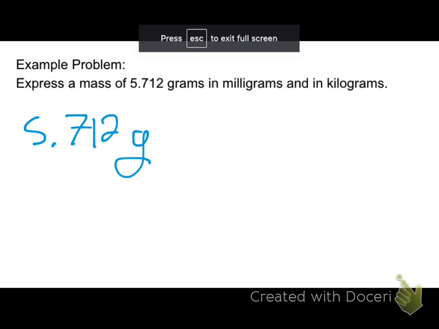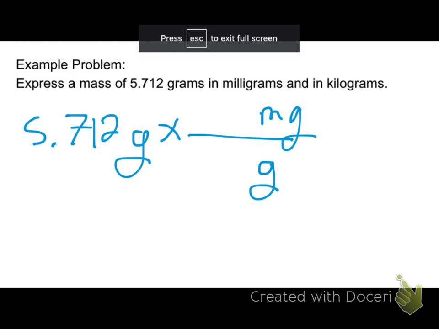So what that means is we need a conversion factor with grams on the bottom and milligrams on the top, so that we can use this to cancel the grams and then convert to milligrams. We're essentially multiplying by this conversion factor.